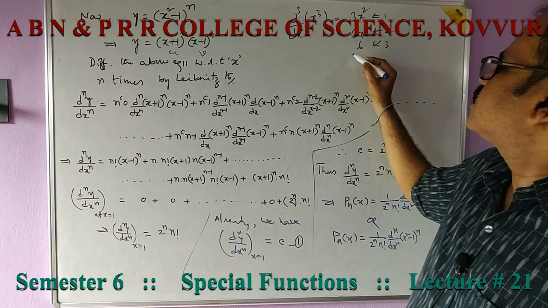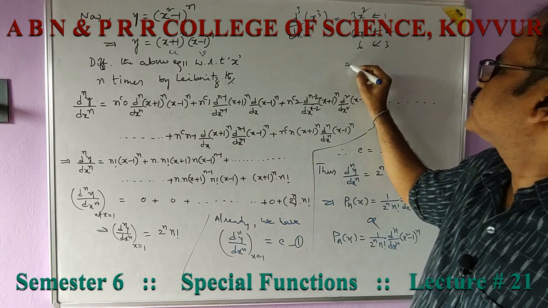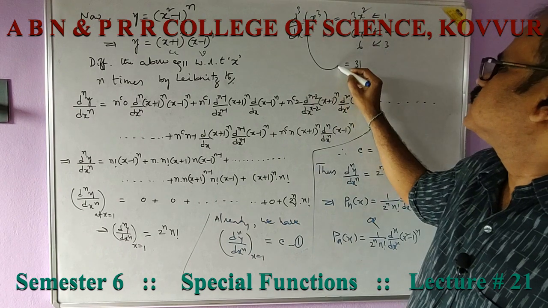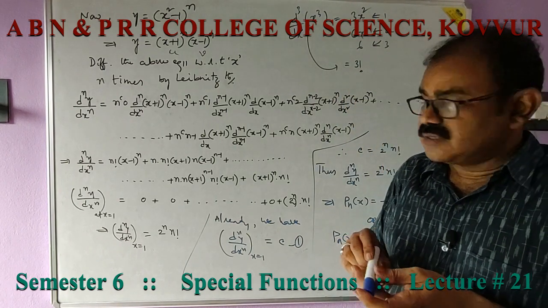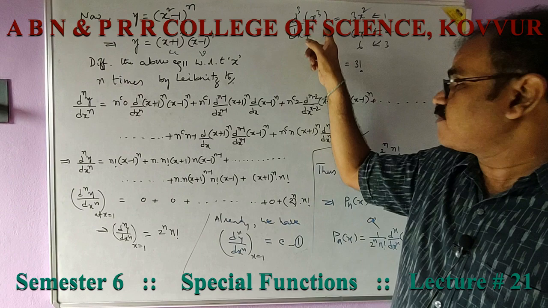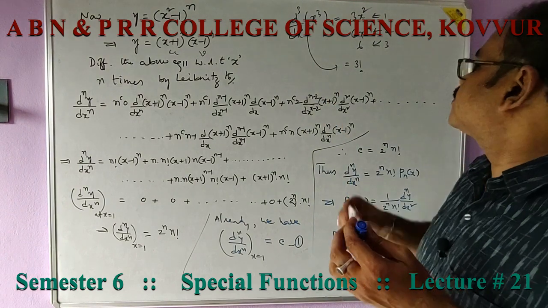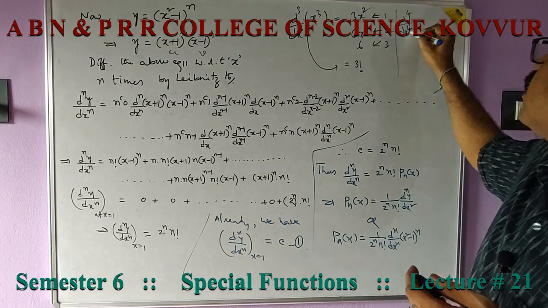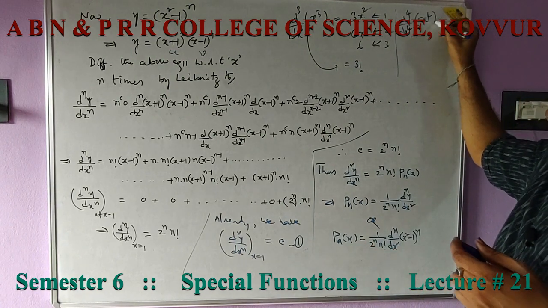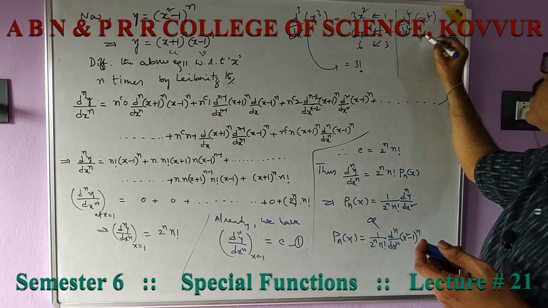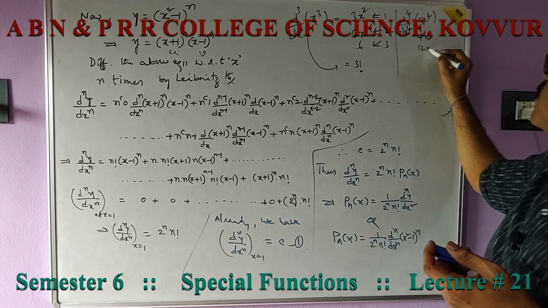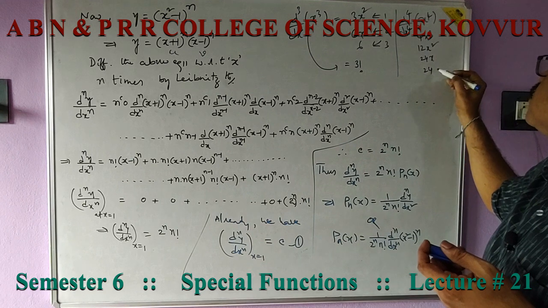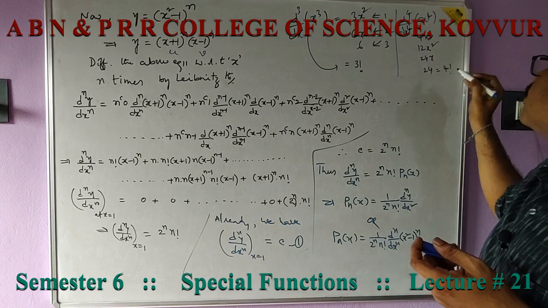So what this is? This is nothing but 3 factorial. Third derivative of x cube is 3 factorial. If you consider the fourth derivative of x power 4, first derivative is 4x cube, next one 12x square, 24x, and finally 24, which is equal to 4 factorial.